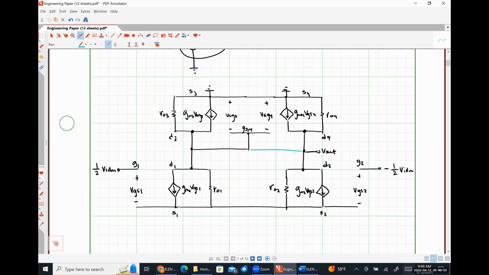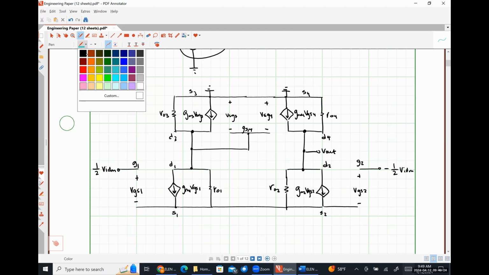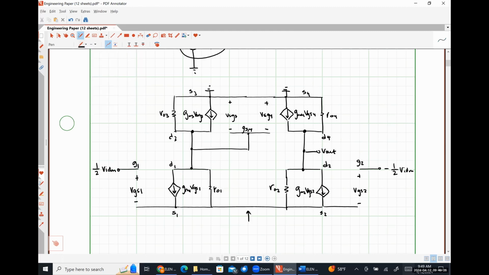It is very close. So I'm going to say that the voltage at this node is approximately 0. So this is effectively going to be ground.